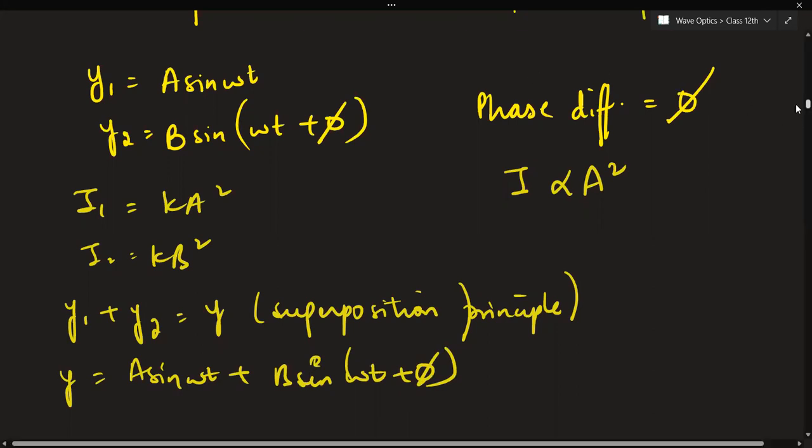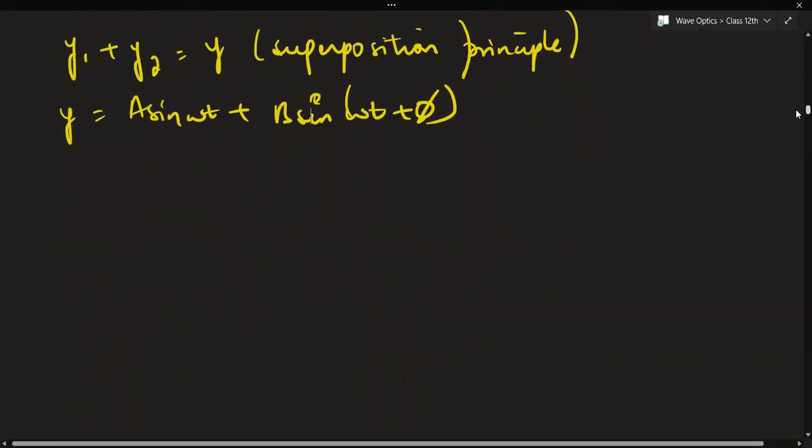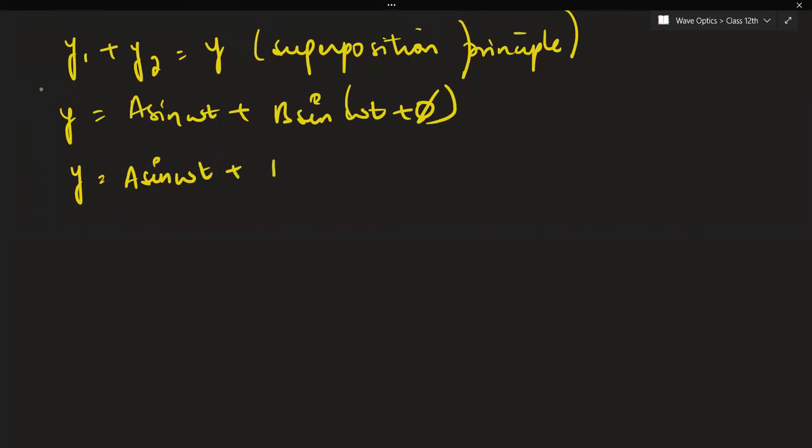Let's do one thing. We have b sine (omega t plus phi), no? So we can use one identity, sine (a plus b). See class, sine (a plus b) can be written as sine a cos b plus cos a sine b.